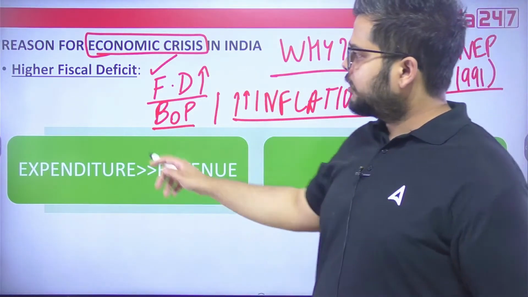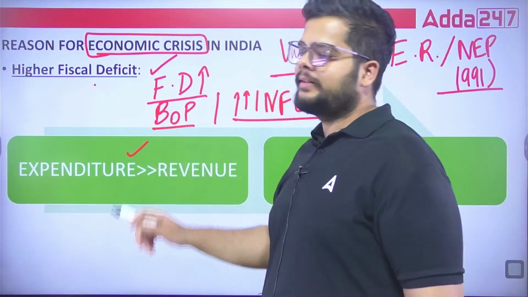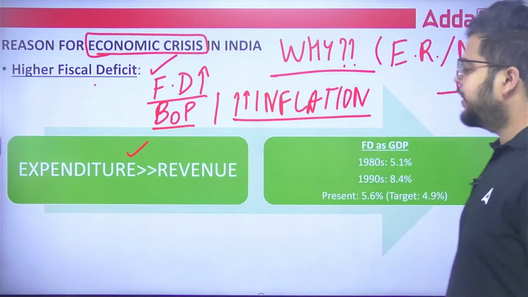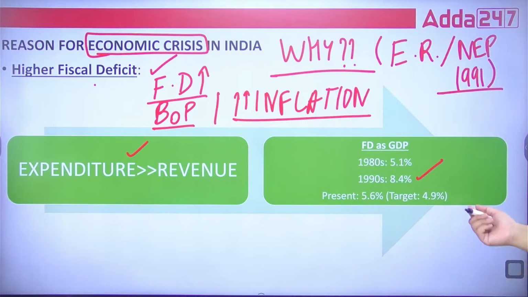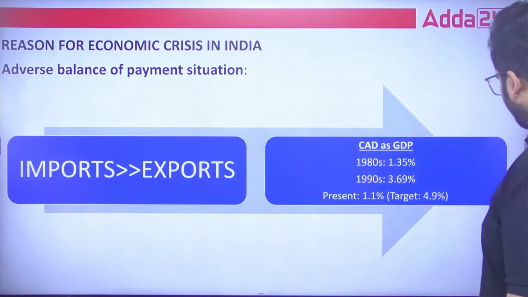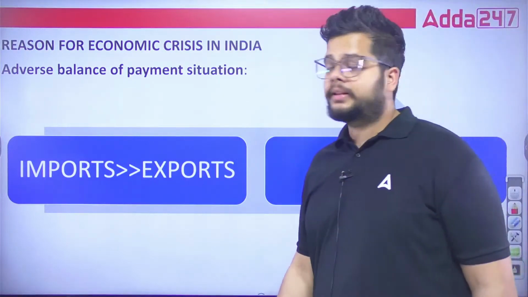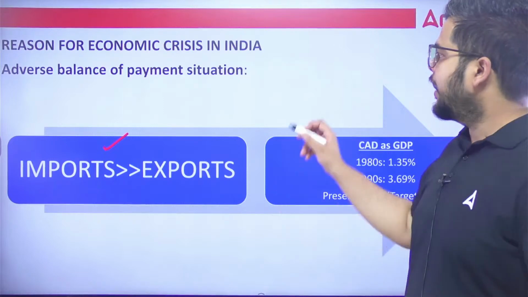When we talk about the fiscal deficit, it occurs when more expenditure is there as compared to the revenue of a government. And in the 90s, it was 8.4%. Right now, it is hovering around 5.6%, but the target is 4.9%. Then balance of payment crisis, when does it occur? It occurs when the imports are more as compared to the exports. And India is what?